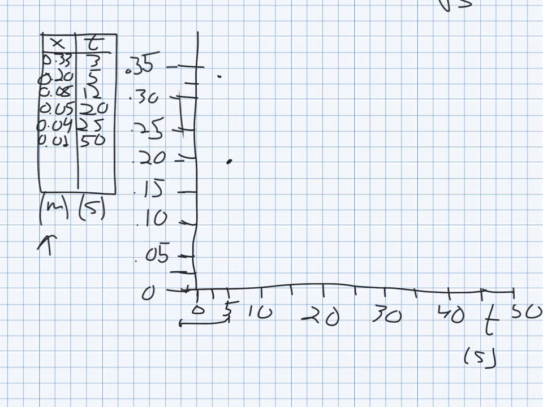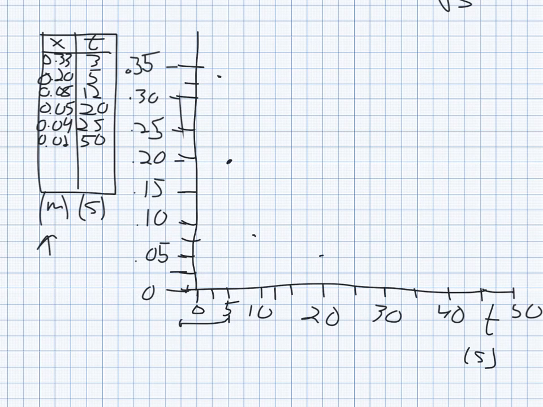0.08 and 12. Well, that's going to be 0.075. So 0.08 should be just above that, and 12. So if that's 15, this should be 12.5. So it should be just behind that. So behind 12 and above 0.07, which is right about there. Sure, let's call it right there. All right, 0.05 and 20. 0.05 and 20 is right on the line.